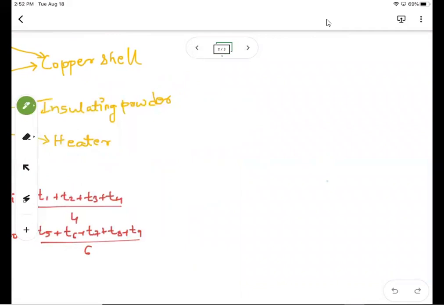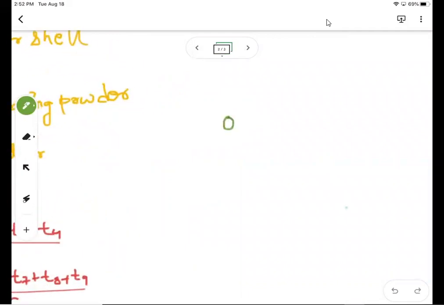We know that by Fourier's law of heat conduction, Q equals minus K A dT upon dx, right?